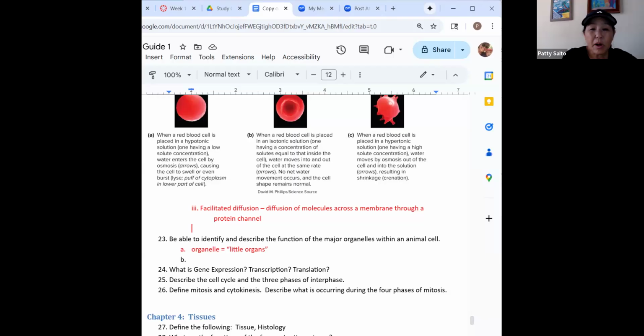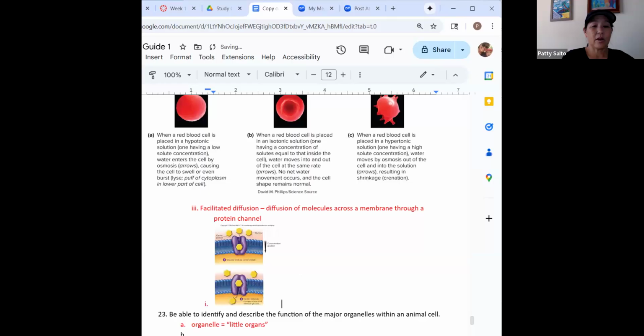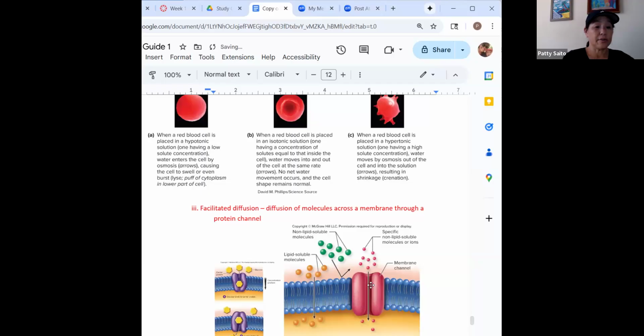So oftentimes these molecules are either very large, so they don't fit, or just that they're not lipid soluble. They don't go through the membrane, and so they need a special protein channel in order to help facilitate diffusion.